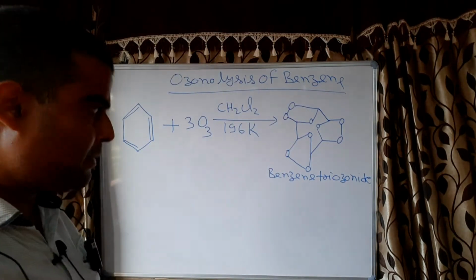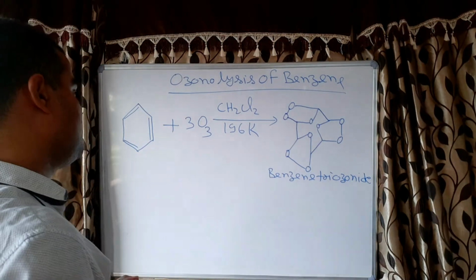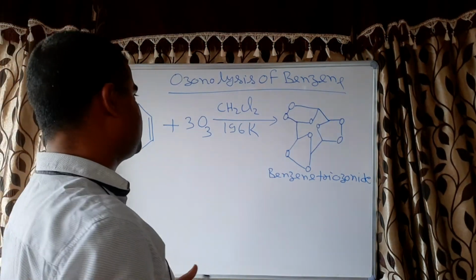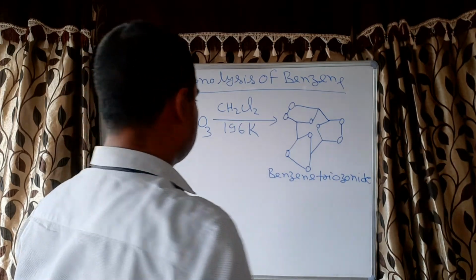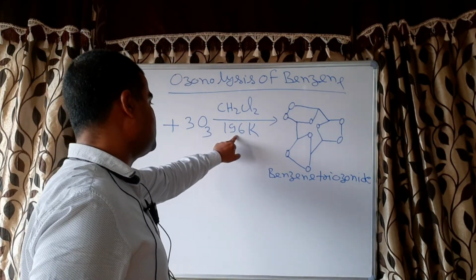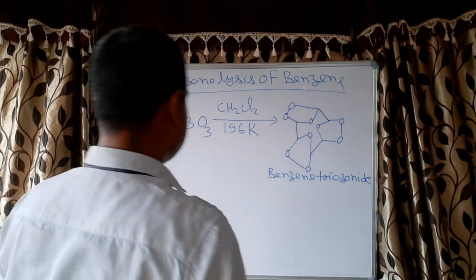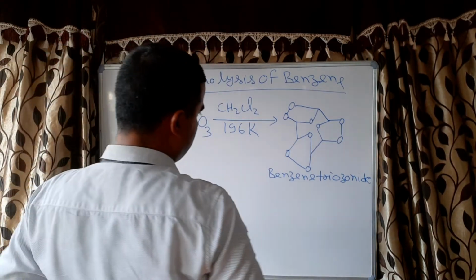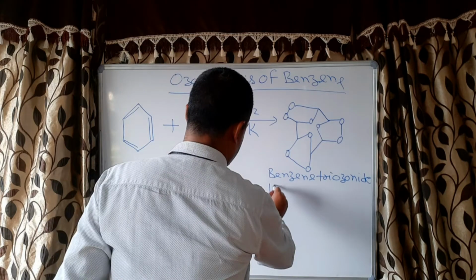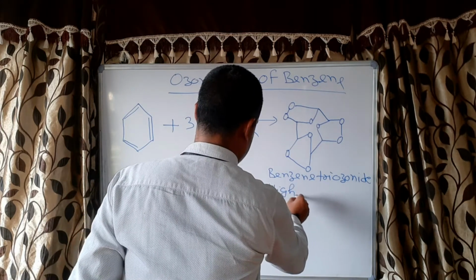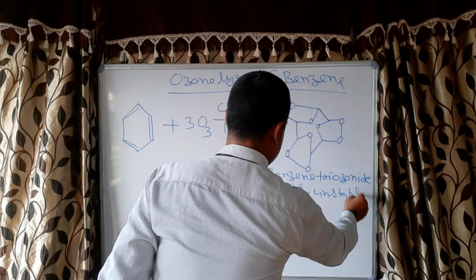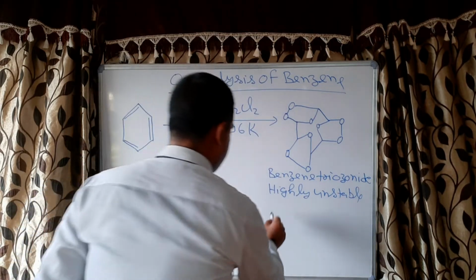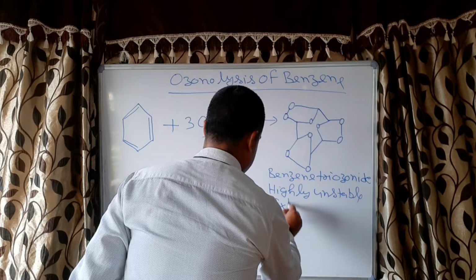Now in your mind many questions might be arising. First question is, why have we used this inert solvent? Why have we taken this low temperature? Correct? So the answer is, this ozonide is highly unstable and explosive in nature.